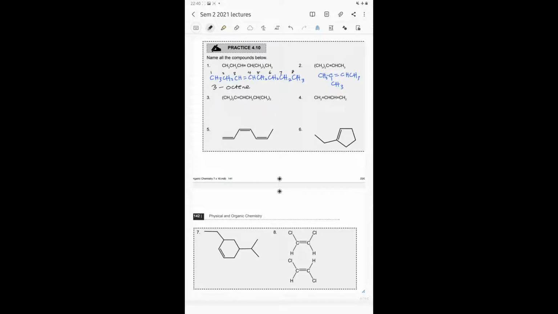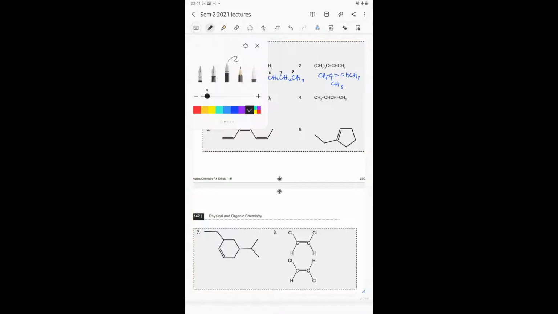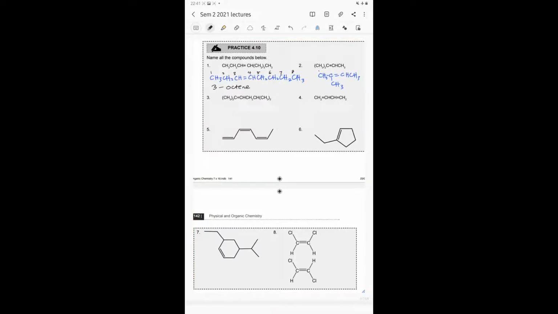Make sure C double bond C gets the lowest number, and then the methyl substituent also must get the lowest number. So we start from the left: 1, 2, 3, 4. We have methyl here, at carbon number 2.